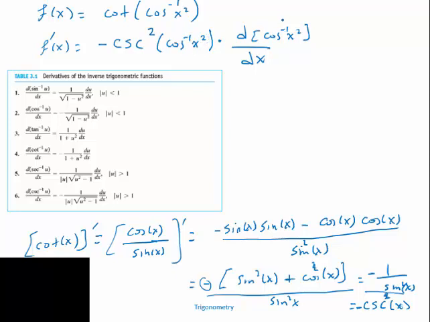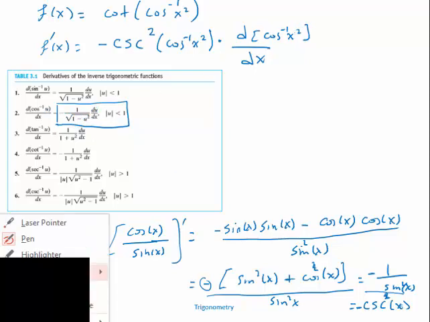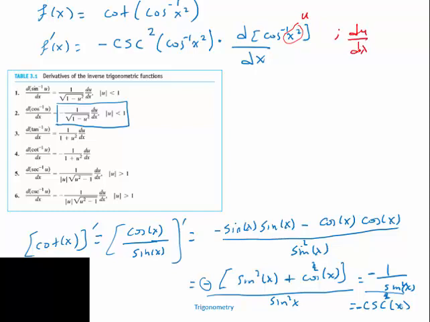Now this is cosine inverse, and you can refer to the derivative of cosine inverse given by this one. Assume this is cosine inverse of u. This u is equal to x squared, and we need du by dx, which is 2x, the derivative of x squared.